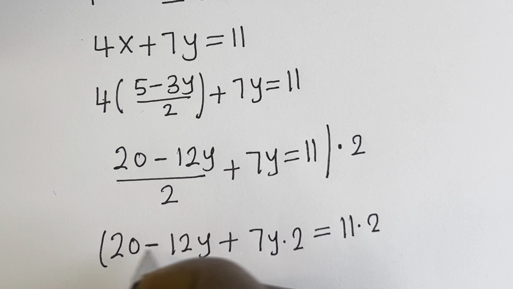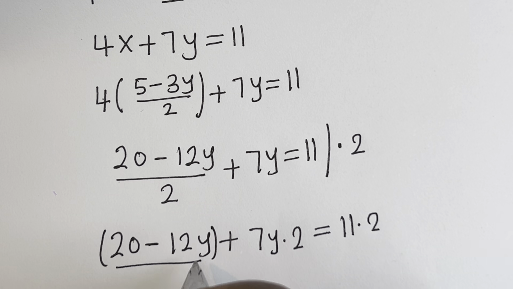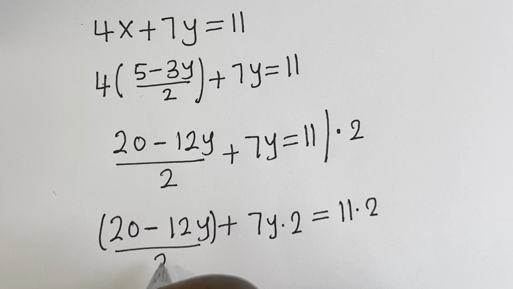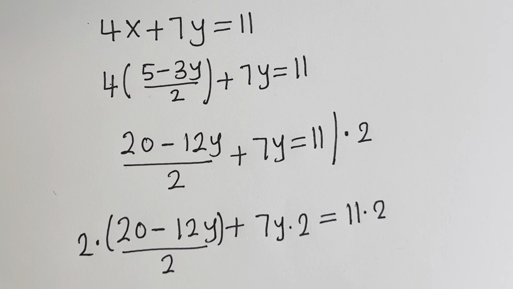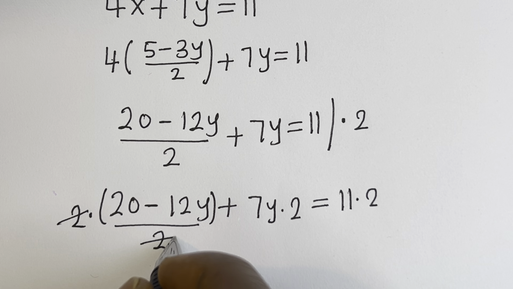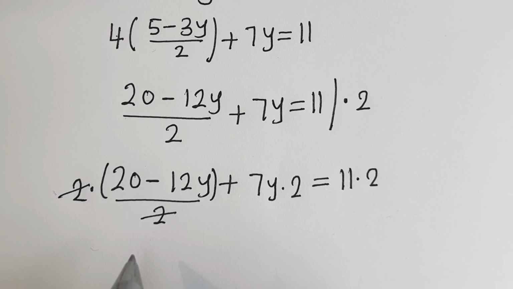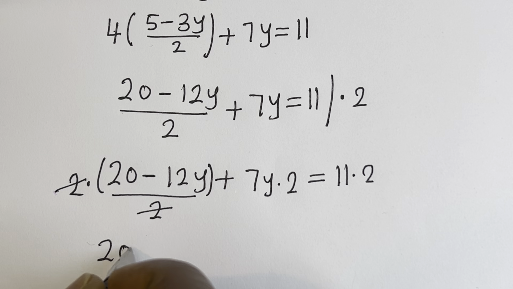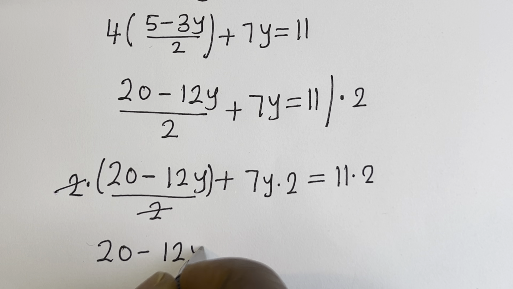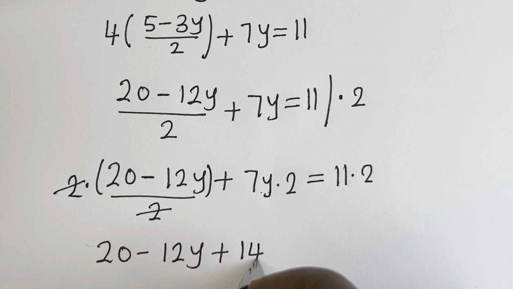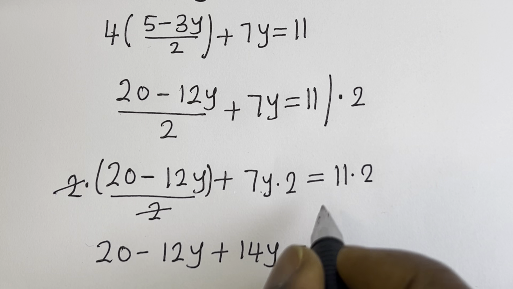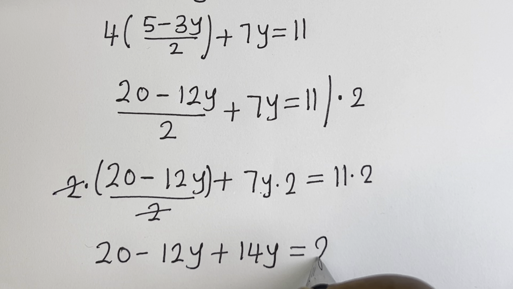And here, this is divided by 2 and multiplied by 2. These 2 will cancel these 2. You have 20 minus 12y plus 7y multiplied by 2, that is 14y, is equal to 11 multiplied by 2, that is 22.